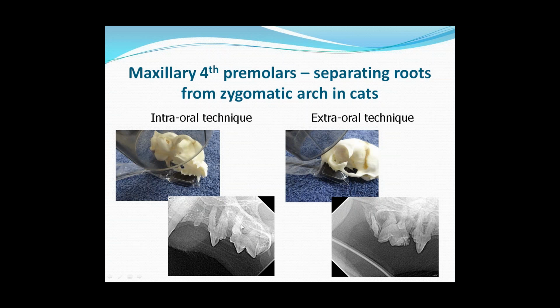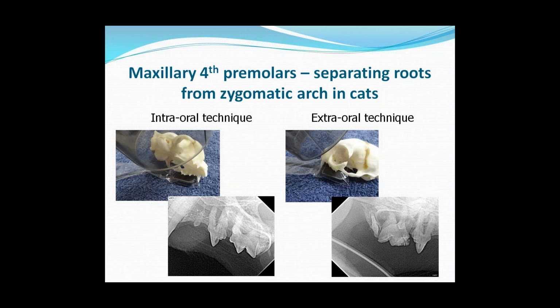Now, if you were to use an extraoral technique where you actually put the sensor on the outside of the animal's mouth, as you can see by the clinical picture on the left-hand side, the radiograph that you end up with, which is the one on the right-hand side, the zygomatic arch isn't covering the roots of the upper fourth premolar, and you can clearly see the individual roots.